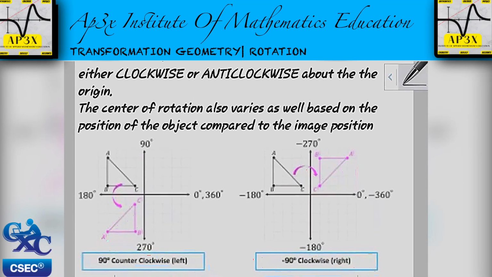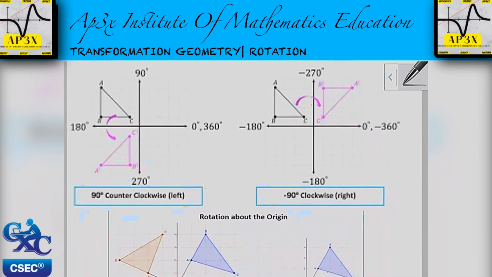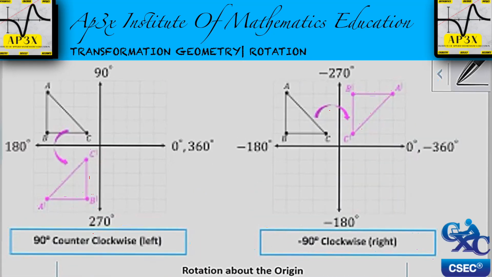Alright, now I have some diagrams here on screen that I want to give you a preview of what is expected in this video. In diagram 1, I've already plotted the image, which has the points A, B, and C. You see my directional arrow telling you that the object ABC, which is a right angle triangle, has been rotated 90 degrees counterclockwise.